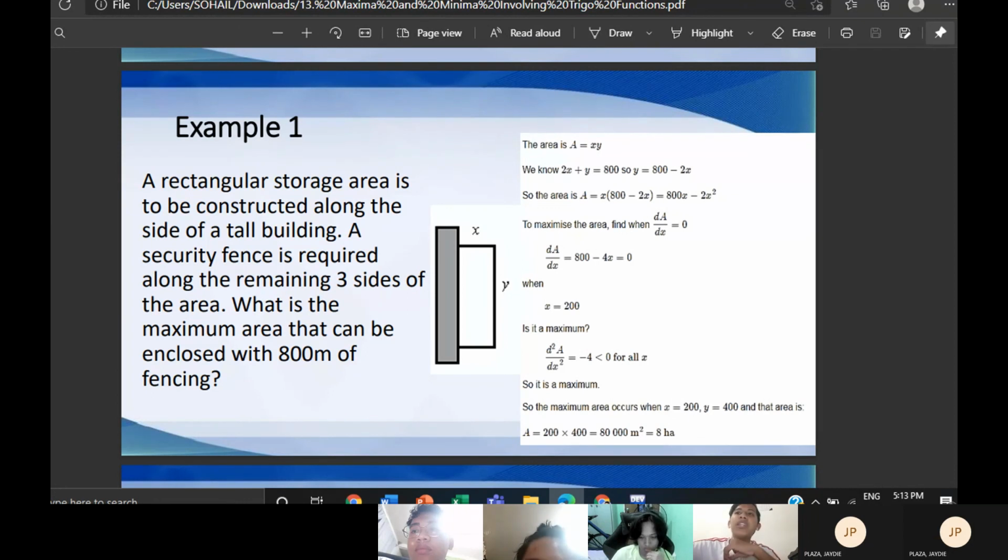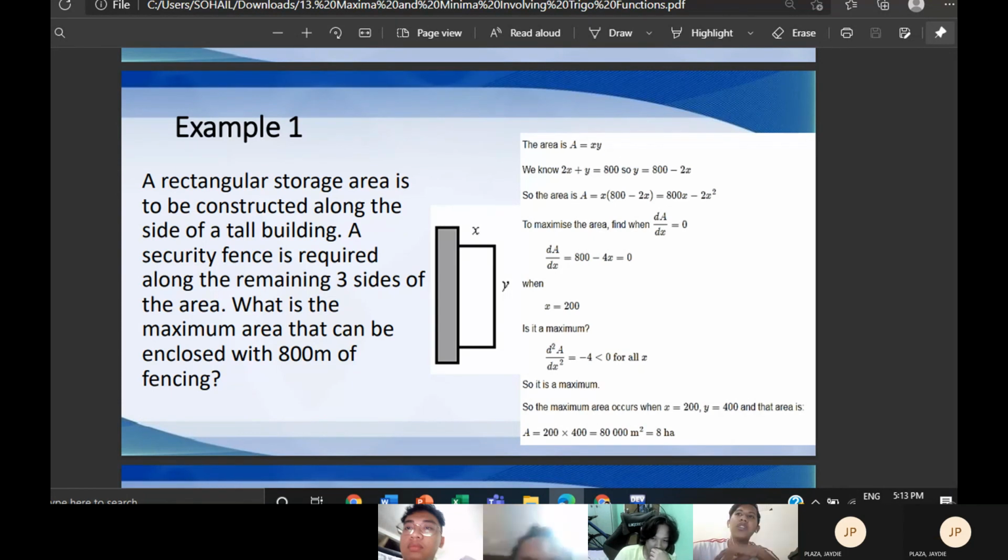Kasi ang sabi ni Miss, dahil dalawa yung unknown na variable, kailangan natin gumawa ng dalawang equation. Kasi transpose, naging negative yung 2x. So nakuha na natin yung y.